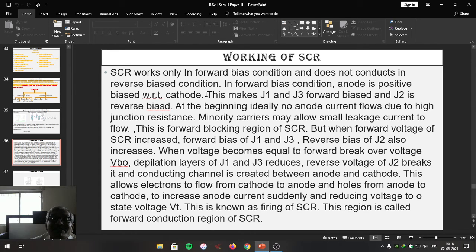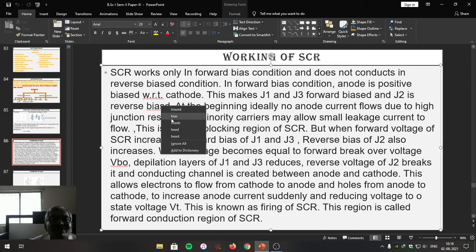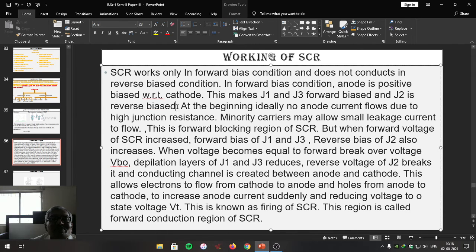Due to this, junctions J1 and J3 are forward biased and J2 is reverse biased. Friends, already we have studied this. At the beginning, ideally no anode current flows due to high junction resistance.